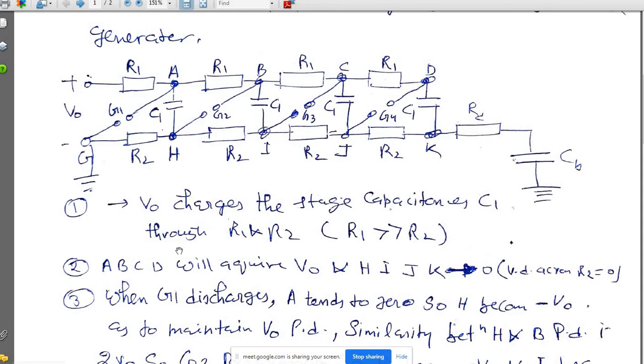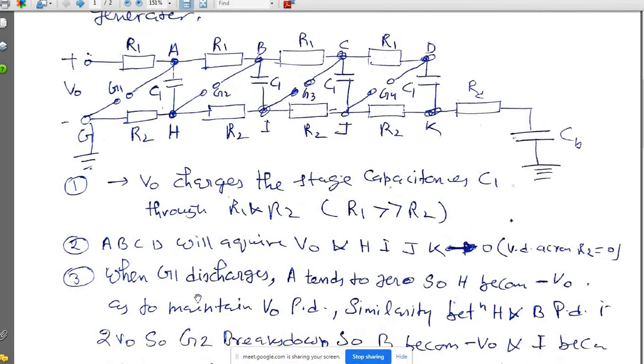Now we can explain the operation in stages. First, V0 charges the stage capacitance C1 to the voltage V0. So the voltage between A and H is V0, B and I is also V0, C and J is also V0, and D and K is also V0, where A, B, C, D are at the plus voltage and H, I, J, K are at 0 voltage.